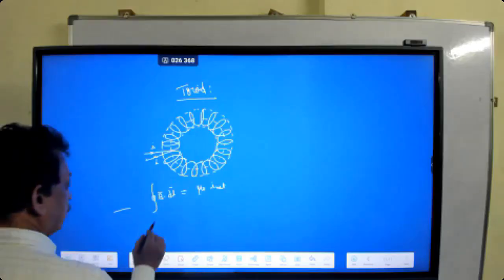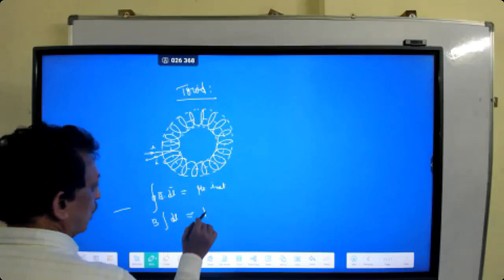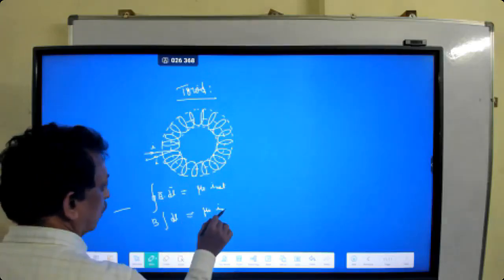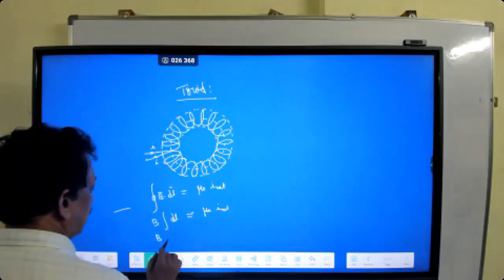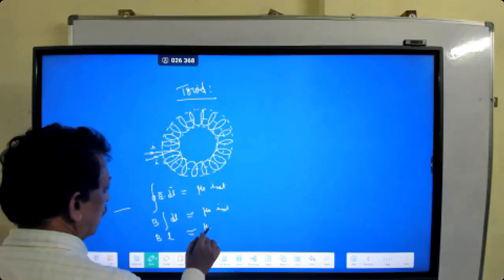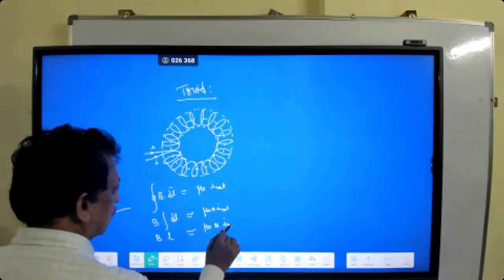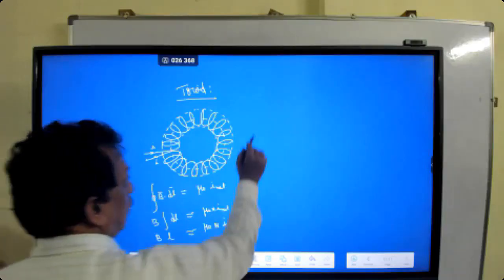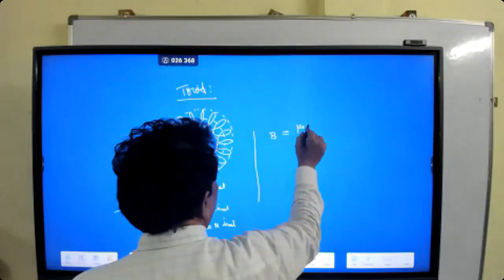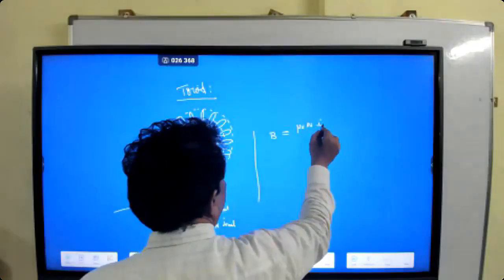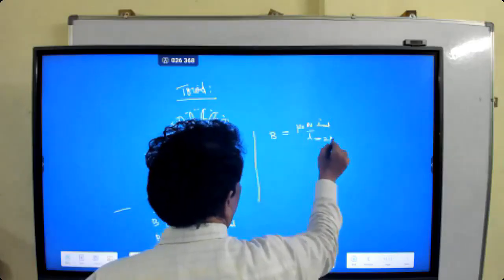So B times the integral of dl is equal to mu naught I net. Then B times L is equal to mu naught times N turns times I. L is the circumference of the field, so B is equal to mu naught N I divided by L, where L is equal to 2 pi r, the circumference.